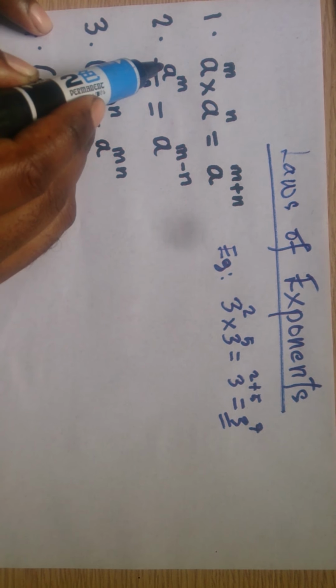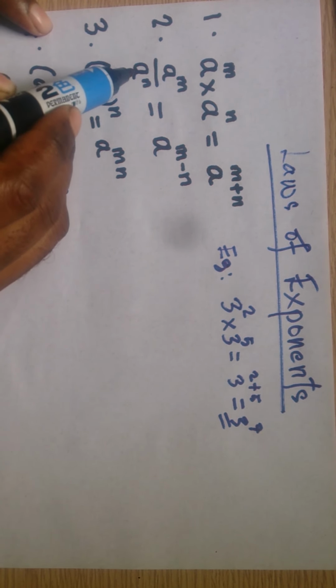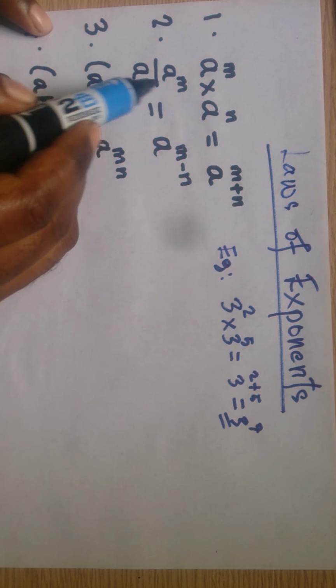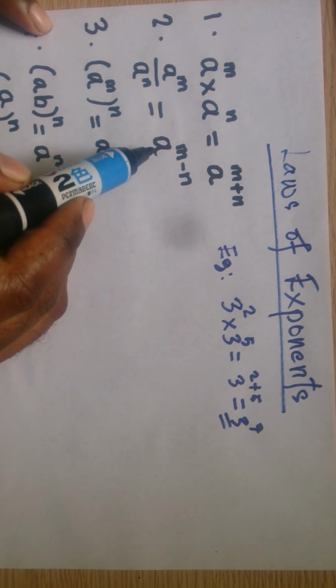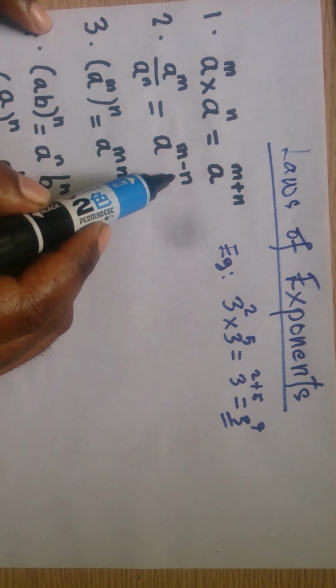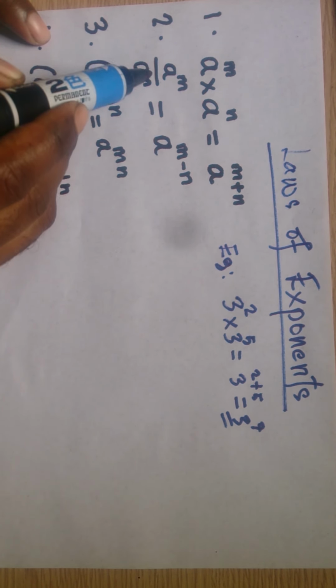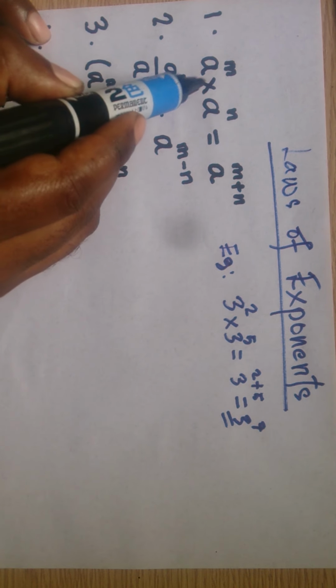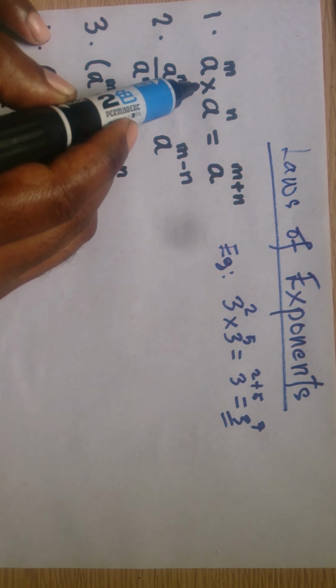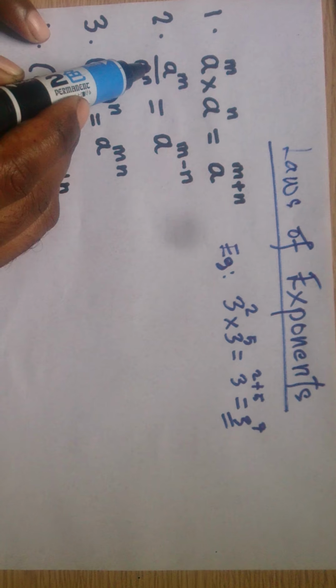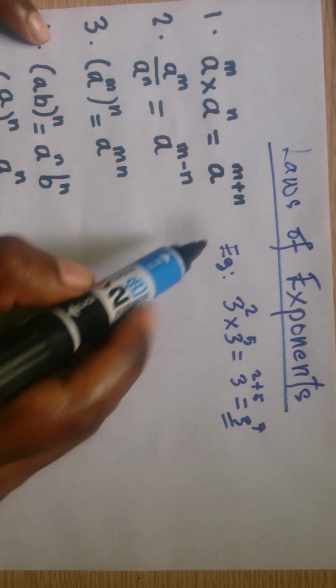So we have the same number and we have the two powers. Therefore, we subtract the powers because in this case we have division or quotient, whereas in multiplication we add, but for division we subtract the powers.